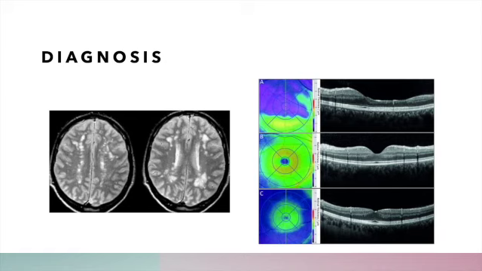Diagnosis can be done through neurological examination, request of clinical history, and a series of tests to determine if you have MS. These diagnostic tests include magnetic resonance imaging, MRI scan, which involves using a contrast dye with the MRI, allowing the doctor to detect lesions throughout the brain and spinal cord. Optical coherence tomography, OCT, a test that takes pictures of the nerve layers in the back of the eye that can assess thinning of the optic nerve.